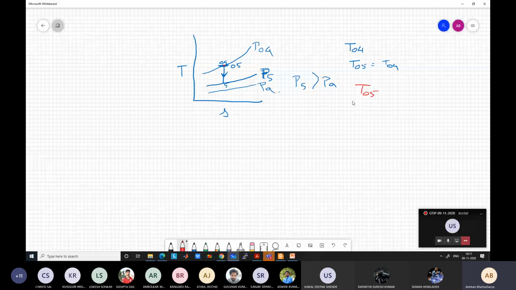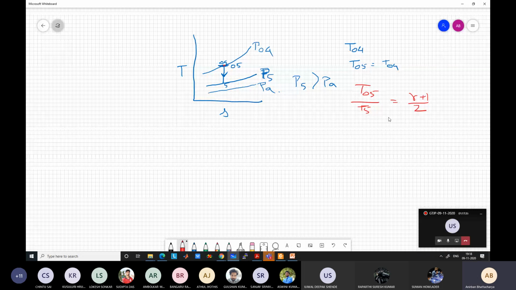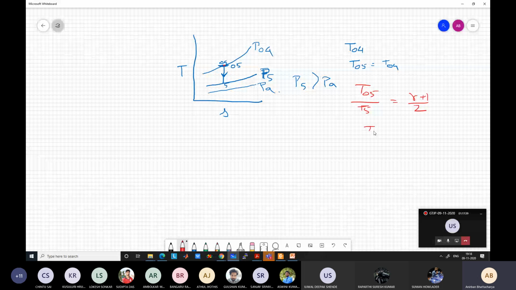Because T5 is equal to T star, basically T05 by T star is equal to gamma plus 1 by 2.